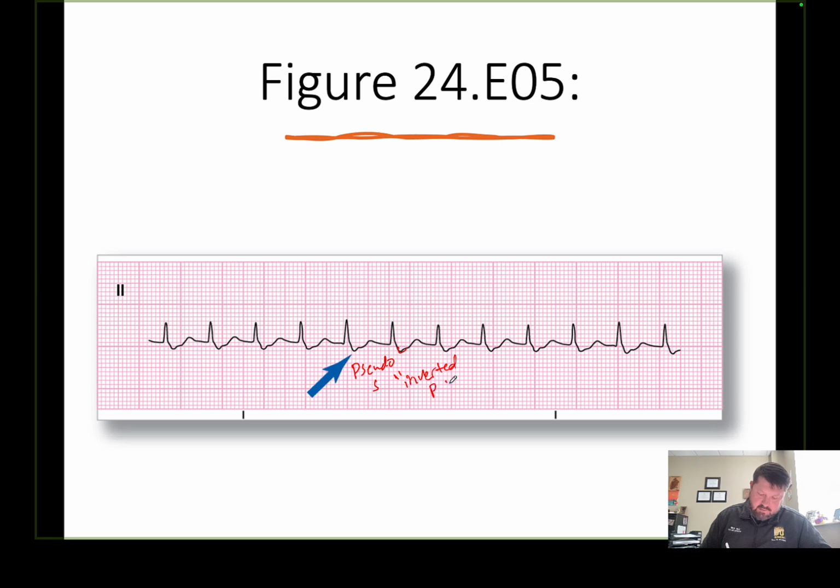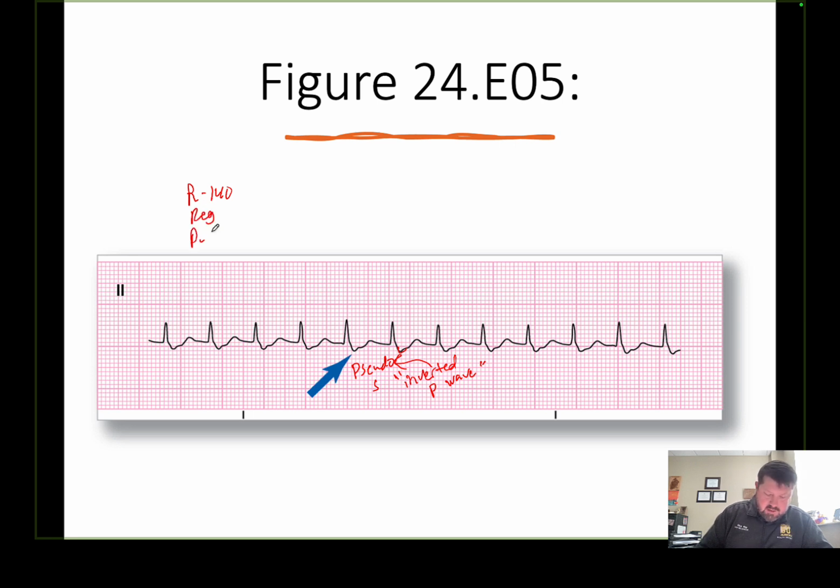So using my calipers, I've determined that this rate is regular, and I need at least 2 more complexes on this 6-second strip. So my rate is 140. It's regular.